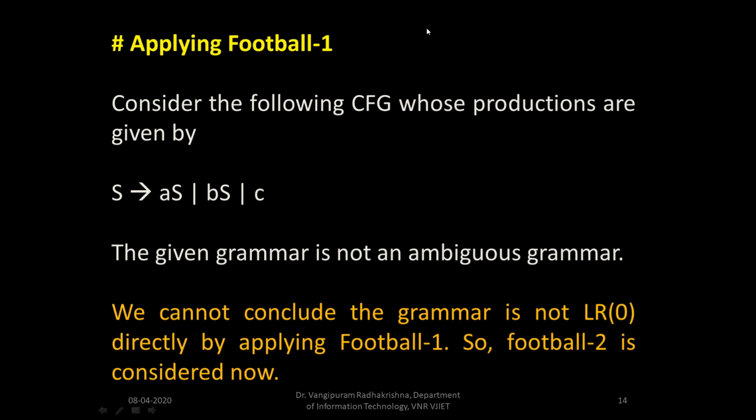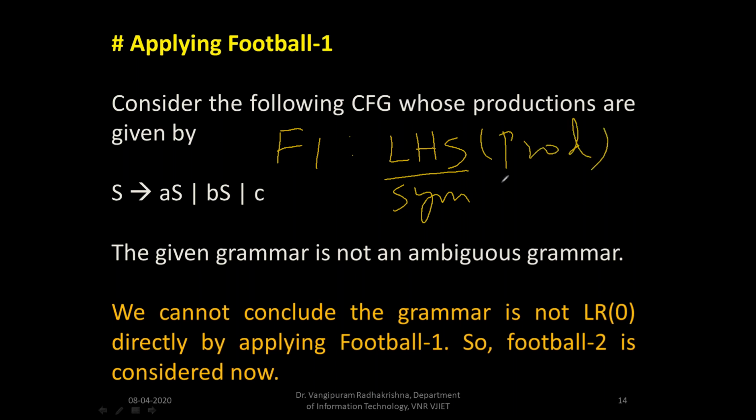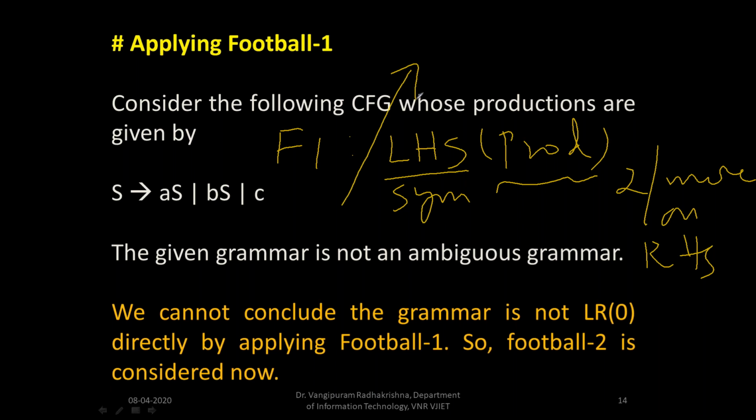Because as far as rule 1 is concerned, you are more worried about verifying if the LHS symbol of a given production appears twice or more on the RHS of a given production, then you can say that based on this property, the given grammar is ambiguous.